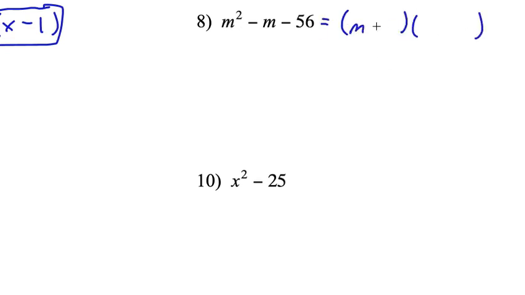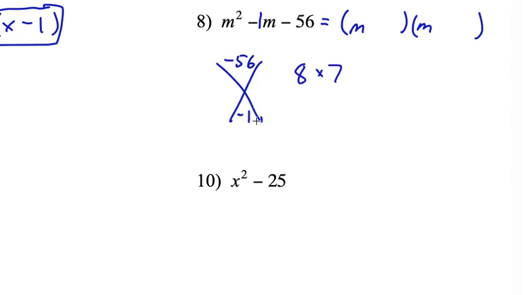Well, m times m equals m squared. And we need two numbers that multiply to make negative 56. In this case, we understand there's a coefficient of 1 in front of that m. So these two numbers that multiply to negative 56 must have a sum of negative 1. All right, multiplying 8 times 7 gives us 56. We need negative 56.